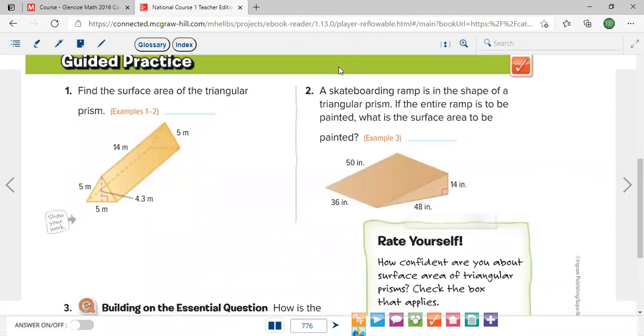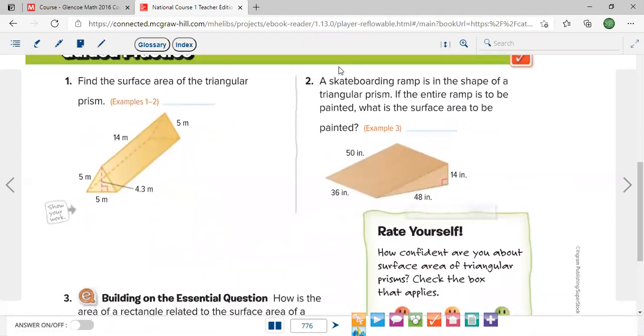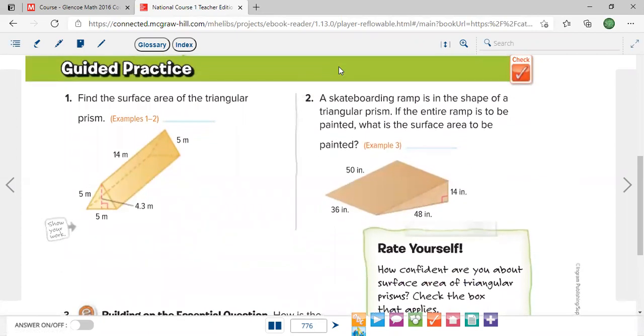Now, let's solve some problems in the guided practice. Find the surface area of the triangular prism.